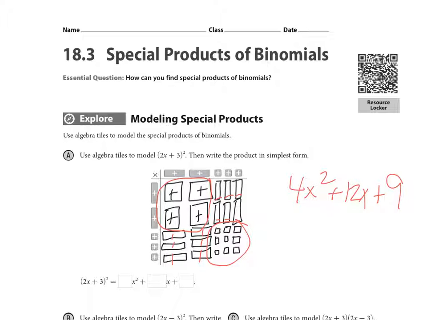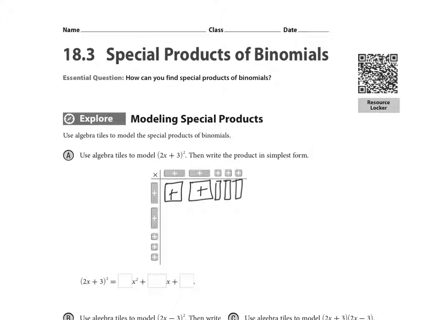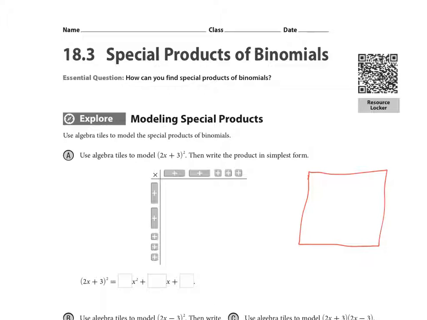So what I'm going to do is basically go through the same process here, but I'm going to do it using a Punnett square. So I'm going to make my square. Now I have 2x plus 3. Now I have 2x plus 3. Do my products here.